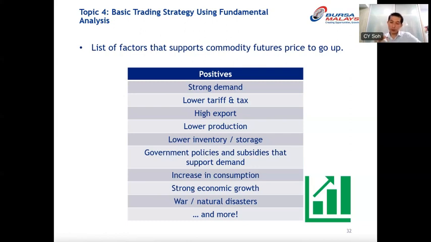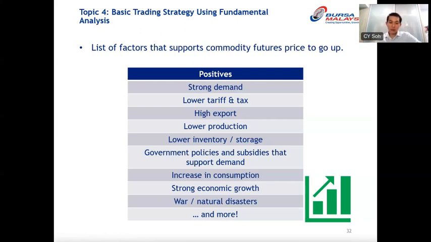So this is why it will push prices upwards. As you may already know, in Malaysia we are considered the world's second largest CPO producer, and the main buyers are India as well as China. So you want to have a close look at these two countries' demand for crude palm oil. When they have high demand, indirectly you can see it in your data from higher export activities there.